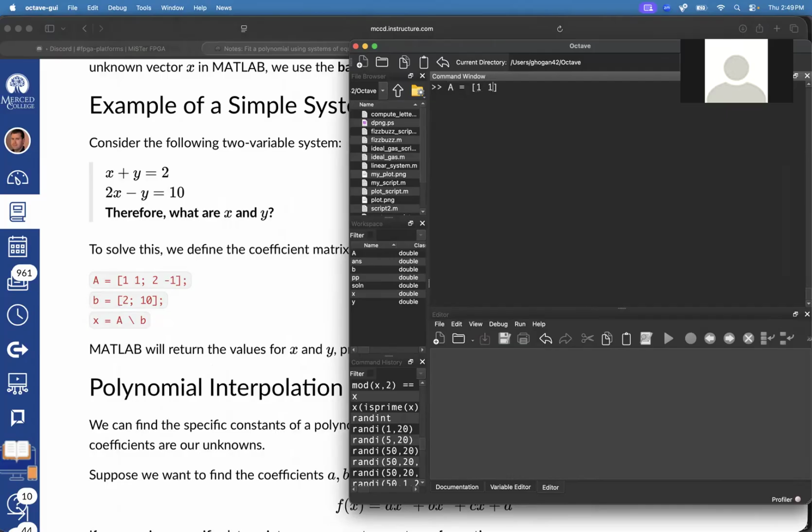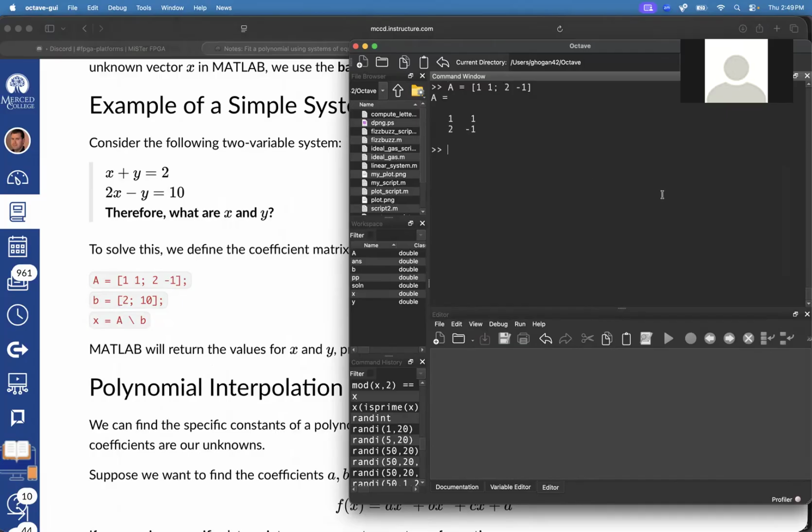So we go 1, 1, semicolon to go to the next row. And then in the second equation, the coefficients are 2 and negative 1, right? So there's a minus there, so that would make it negative. So we have 2 and negative 1. So here's my coefficient matrix for my system of equations.